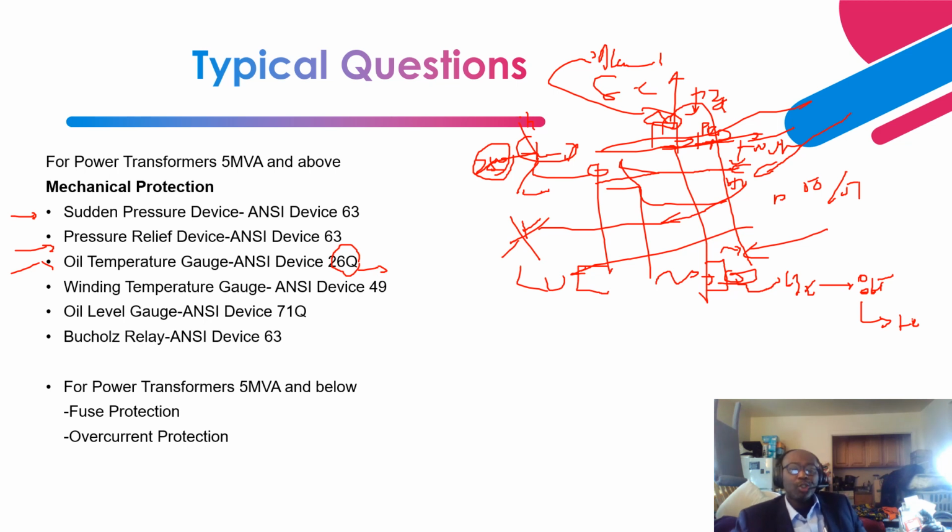If this transformer is in operation, the oil expands and contracts based on the outside temperature. If the oil level expands, this indicator is going to go up here.